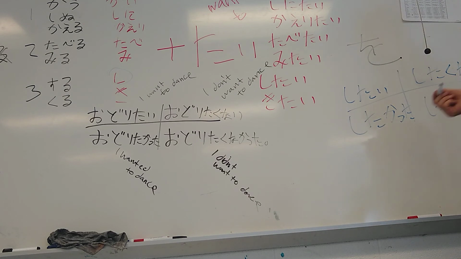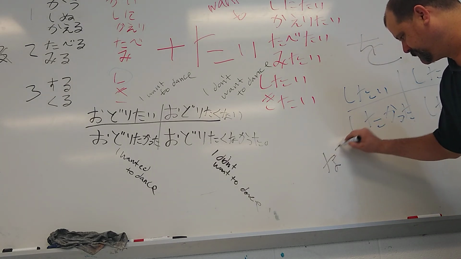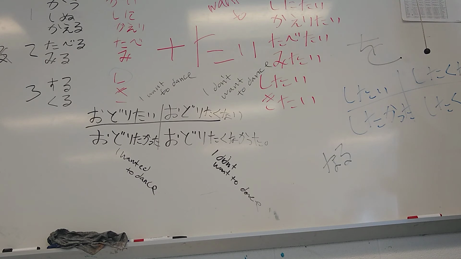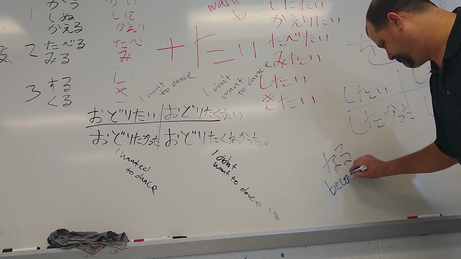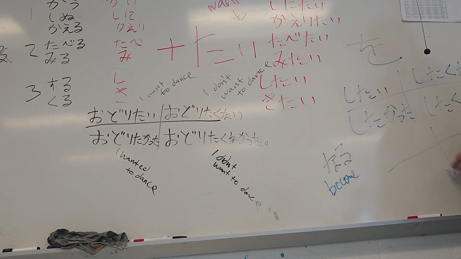So the one verb I wanted to add to this is naru. Okay, naru is not a ru drop, so it would turn to nari. Naru is to become. So in the same way here is naritai, naritakunai, naritakatta, naritakunakatta.